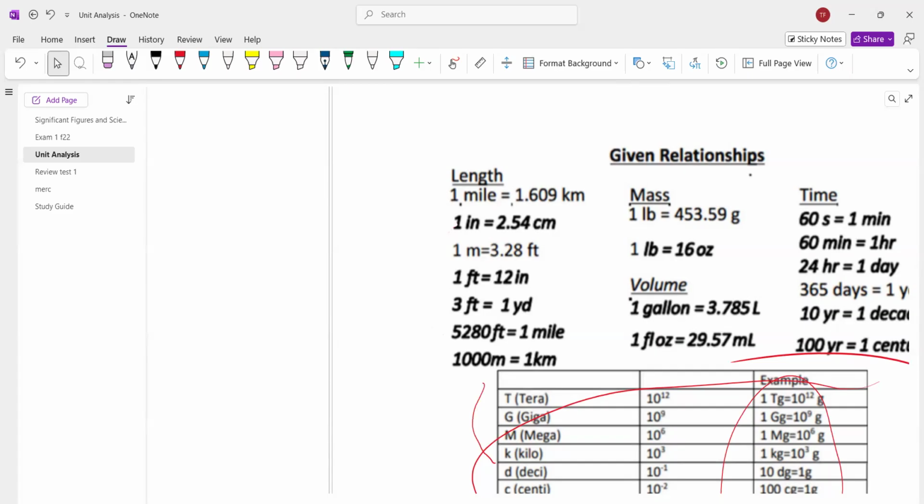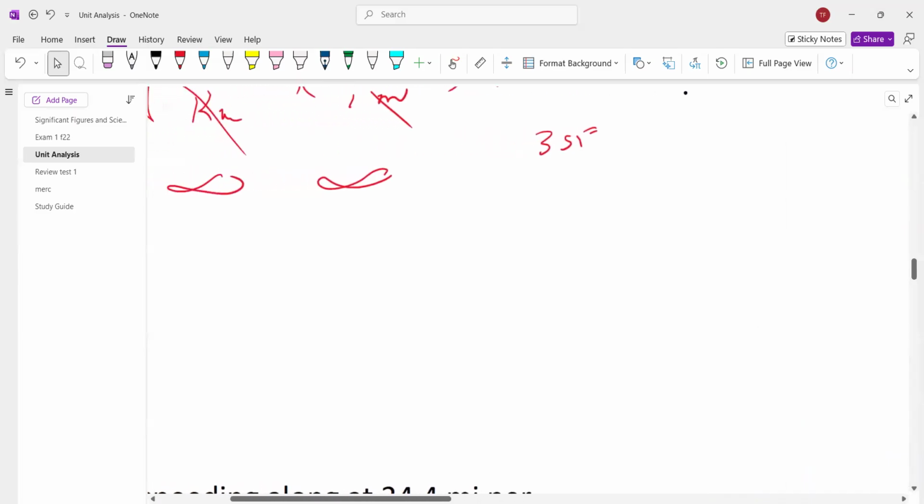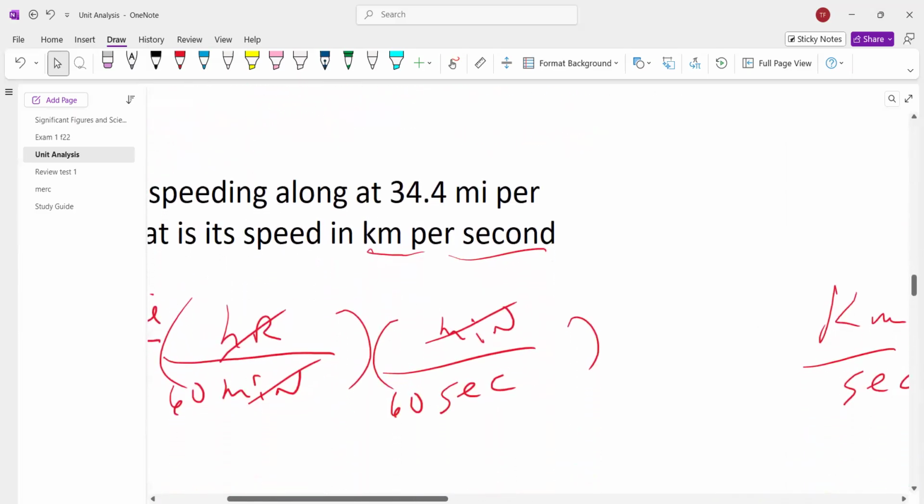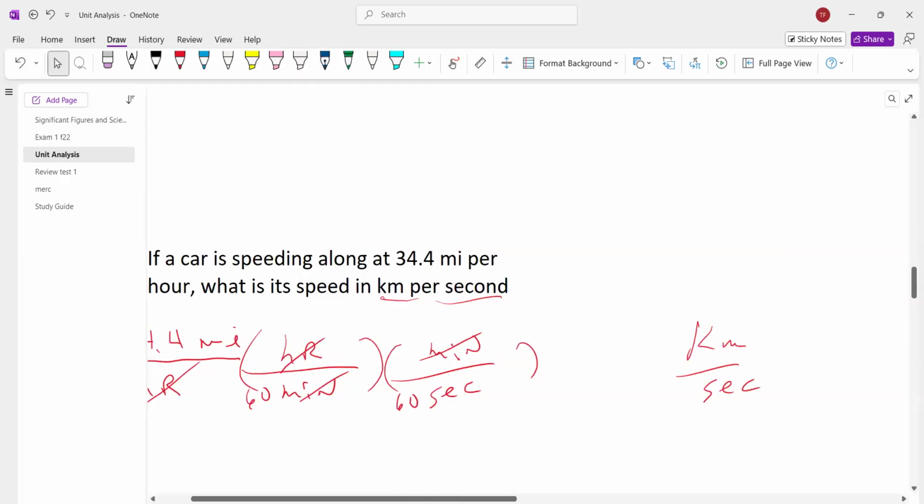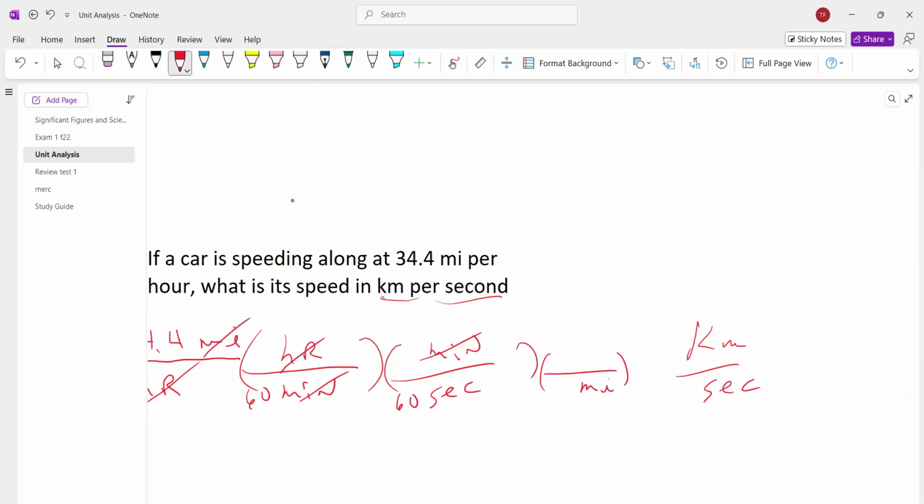I don't look at any numbers. That makes sense? Okay, so 1609. How many sig figs is that? 4. It's not infinite because it's not boldface. So miles needs to cancel. It's a 1609.